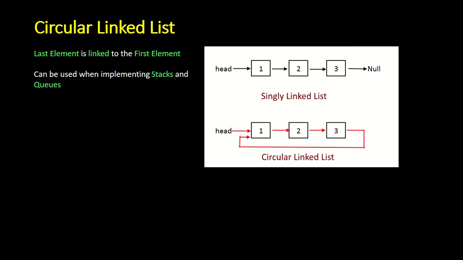So if you have an available space at the back, after deleting or inserting an element, the available space at the back will be used. It will just wrap around, just like in our representation right here, it just goes back to the front.